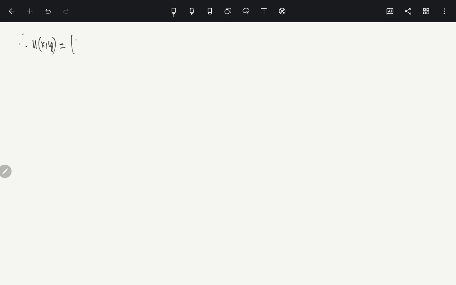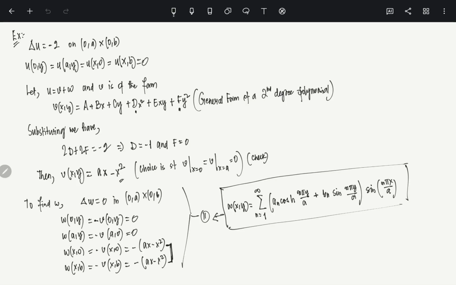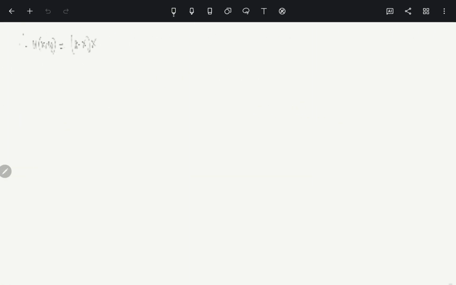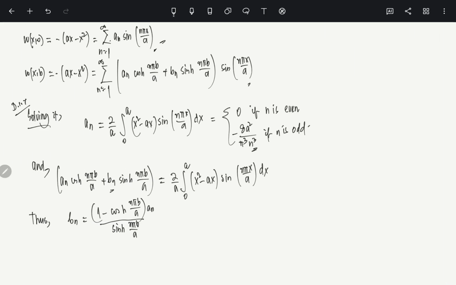It is a minus x times x, that's your function v minus w, right, that w part is there. So, if you put w there, the an's are this, and n is odd.